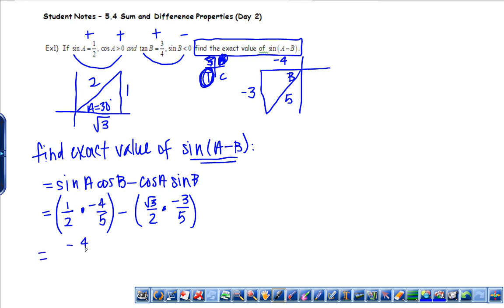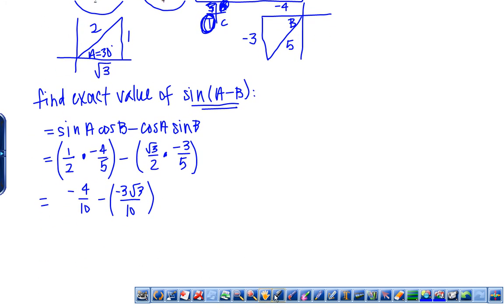Simplifying gives me negative 4 over 10 minus a negative 3√3 over 10. At this point, you should have a common denominator, and if you don't, then you have messed up somewhere in your triangles and finding your exact values.